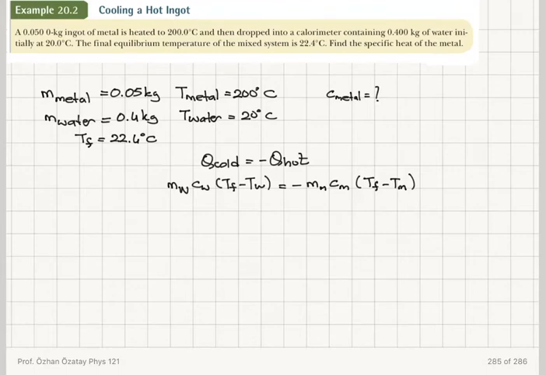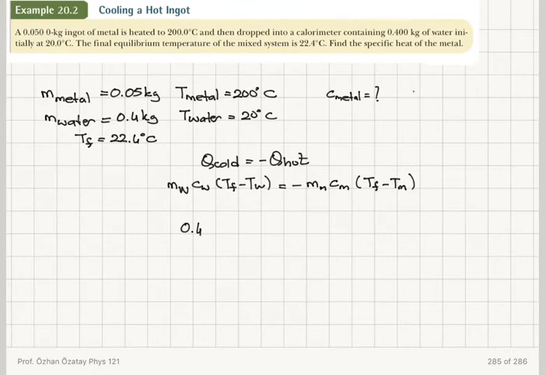So for this I can substitute mass of the water is 0.4 kilograms, and for specific heat of water I can take the number from a table or something, but this number is actually very well known.